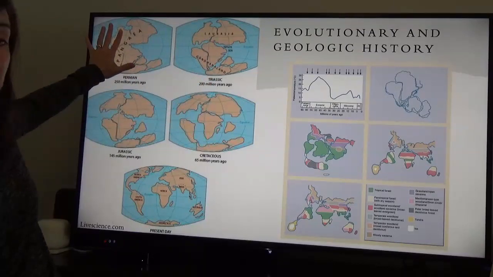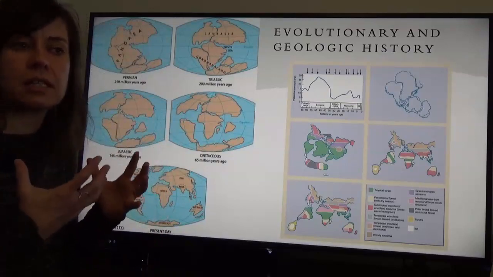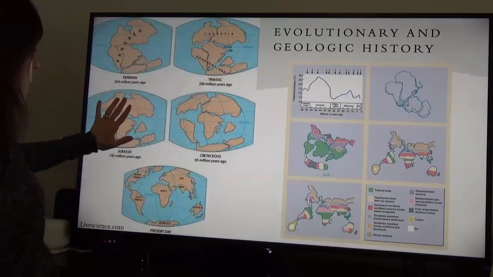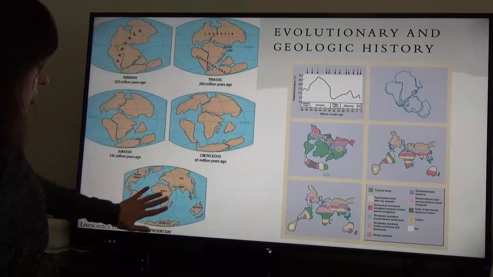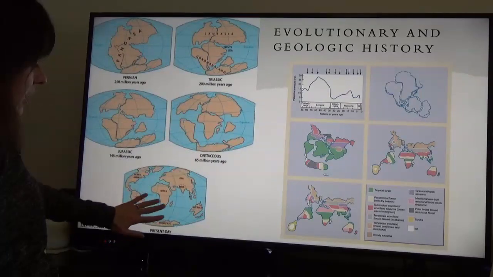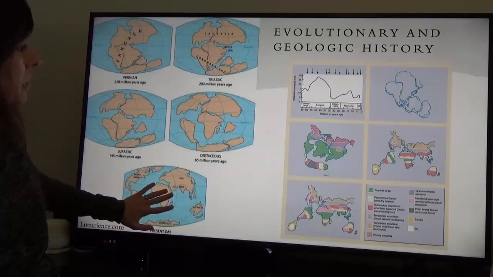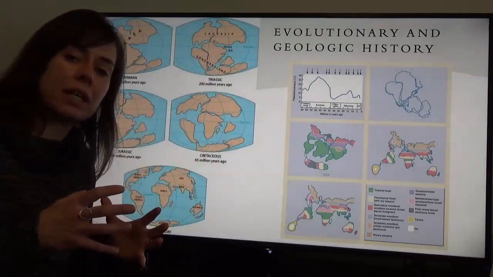Here we have Pangea, where all of the continents were in a single supercontinent, and the breaking up of Pangea to something akin to what we have today. It's a rough diagram of that, but this gives you some inklings into changes where different land masses were connected in the past.